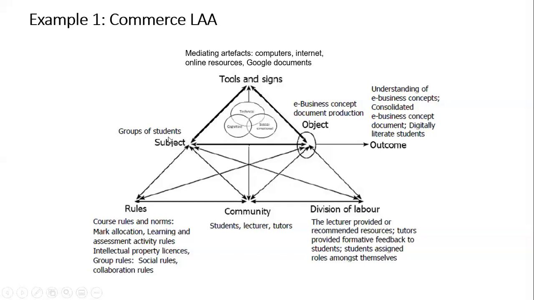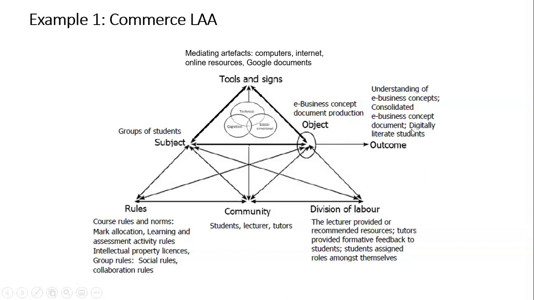With this course, which is a commerce course, the main outcomes were that the students by the end of the day were supposed to understand the e-business concepts. They also had to consolidate an e-business concept document, and at the same time develop their digital literacy skills.